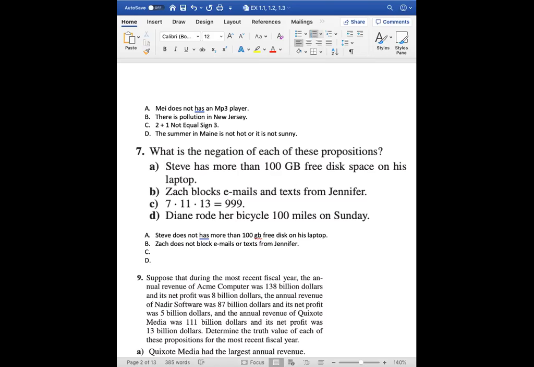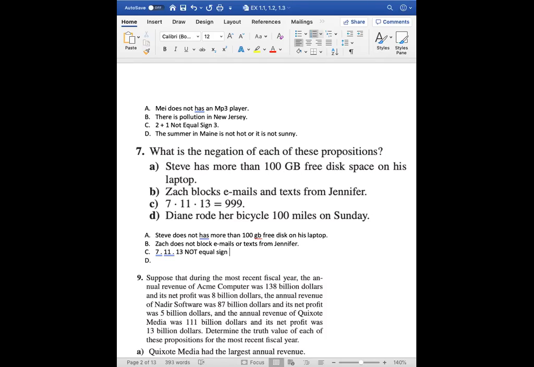We have 7, and this dot operator means multiply in computer science. So here we have 7 times 11 times 13, and if we have to revert this, we take the proposition negation for this, and then we convert this equal sign into the not equal sign. I'm just writing it down.